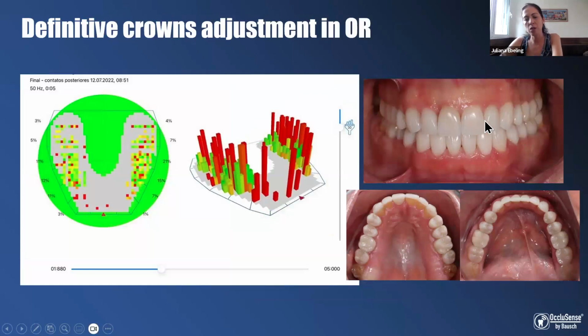This is after orthodontic treatment with this ceramic. Here I have a mix of ceramic and milled composite. Normally I mix the materials, but we finish with this distribution, with more punctual contacts, with the same intensity between them, a very balanced distribution between these contacts.